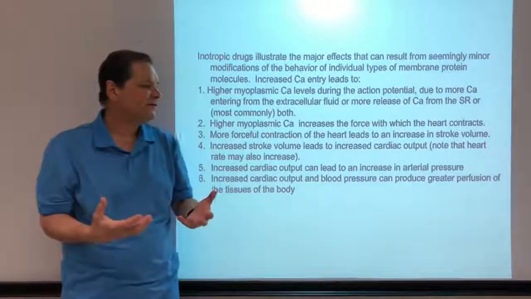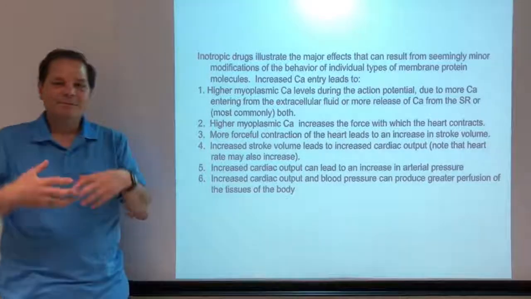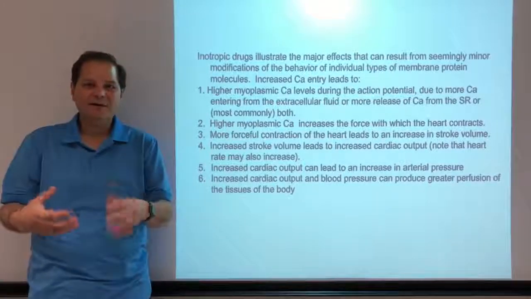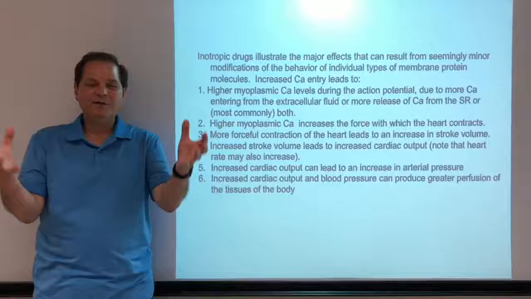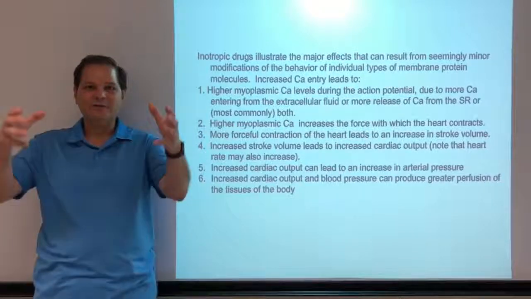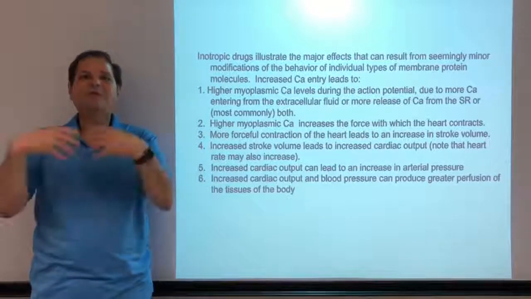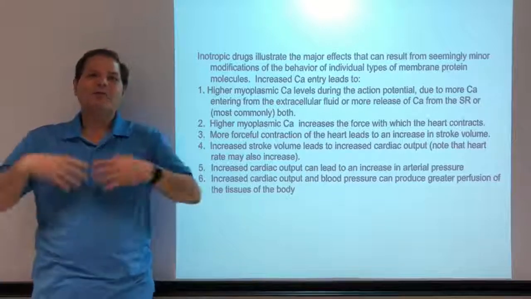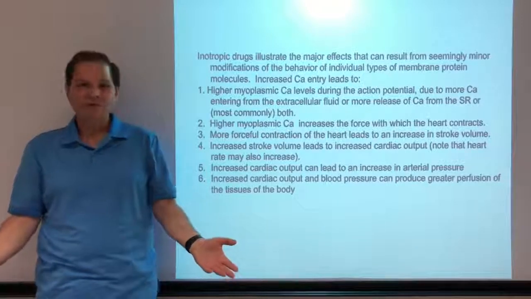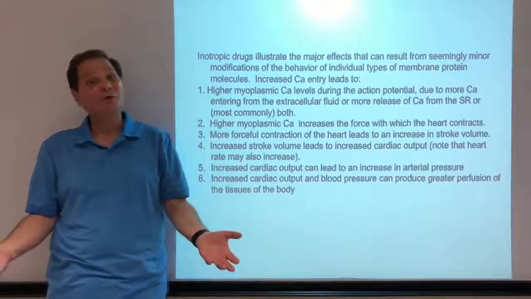So I increase the stroke volume. Cardiac output, heart rate times stroke volume. Increased force of contraction of cardiac muscle, increased stroke volume, increased cardiac output. My tissues are perfused better, and I increase my blood pressure.